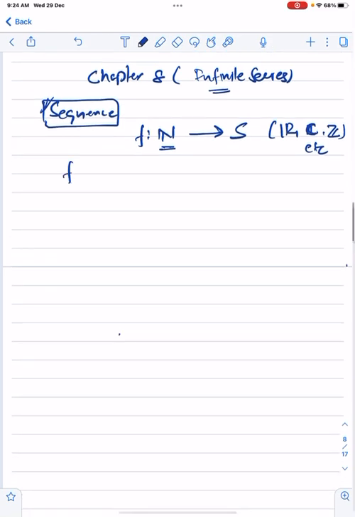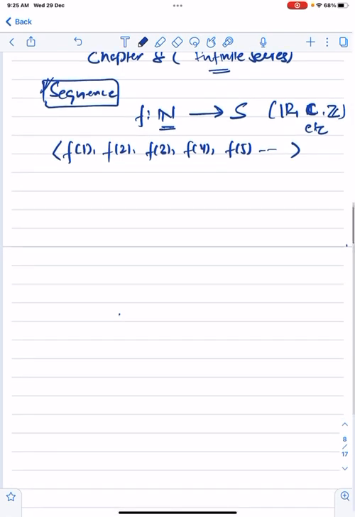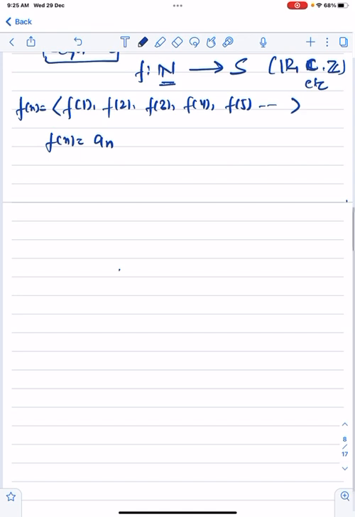When you call this function a sequence, you arrange the images of the function in the order of natural numbers. When you arrange the images in this order, you call this a sequence. The notation that we use in this book is a_n. So the sequence a_n will be equal to a1, a2, a3, a4, and so on.